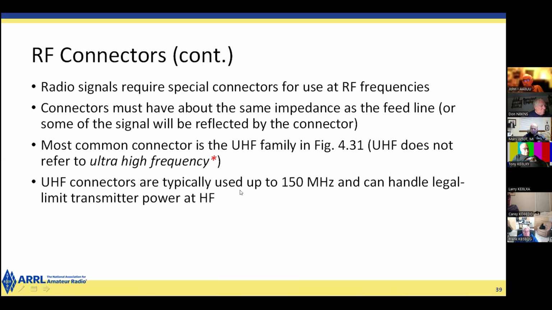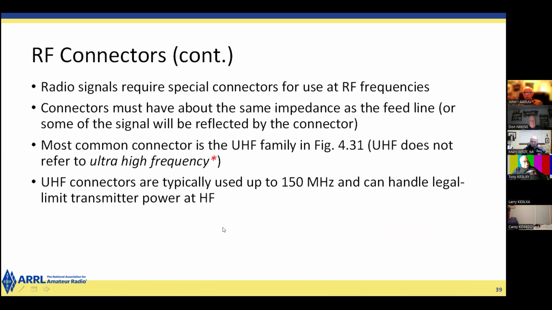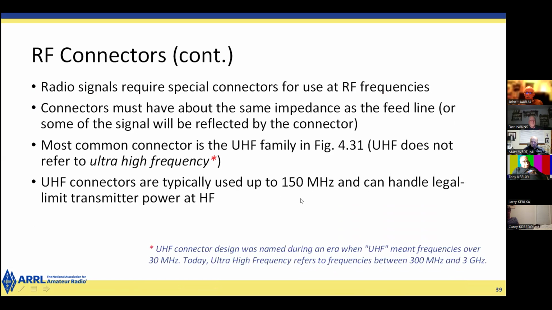UHF connectors are typically used up to 150 megahertz and can handle legal limit transmitter power at HF. The UHF connector was nicknamed during an era when UHF meant frequencies over 30 megahertz. Ultra-high frequency refers to frequencies between 300 megahertz and 3 gigahertz.